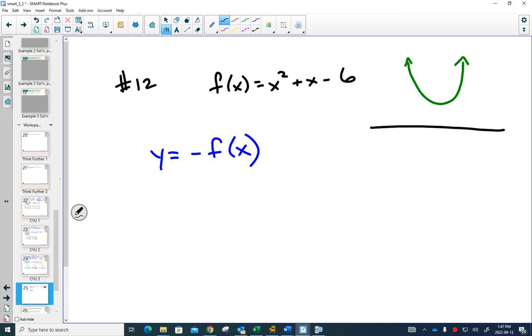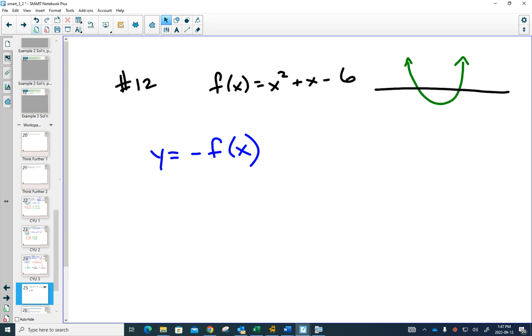If my x-axis is here, can you see that if I flipped it, it would not intersect at all? But if my x-axis was here, and I flipped it, those would be the places it would intersect. Does that make sense?